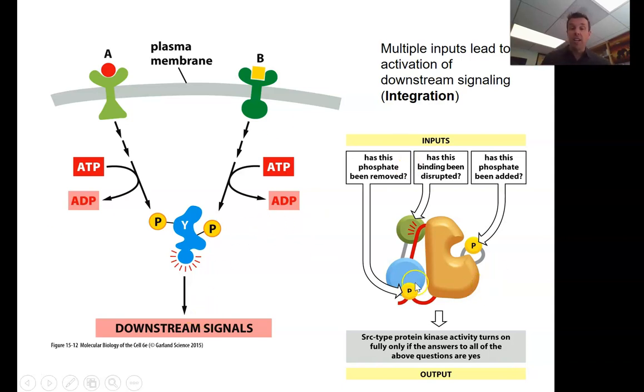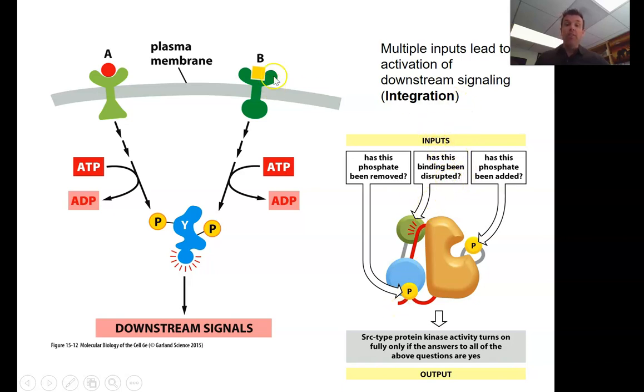And here's the Src kinase, for example. This phosphate had to be removed, because this phosphate is inhibitory: it binds this domain and keeps it from being free to interact with a ligand. So when this phosphate is removed, this domain is now free and it can bind to another protein, and that protein quaternary structure is required to activate it.